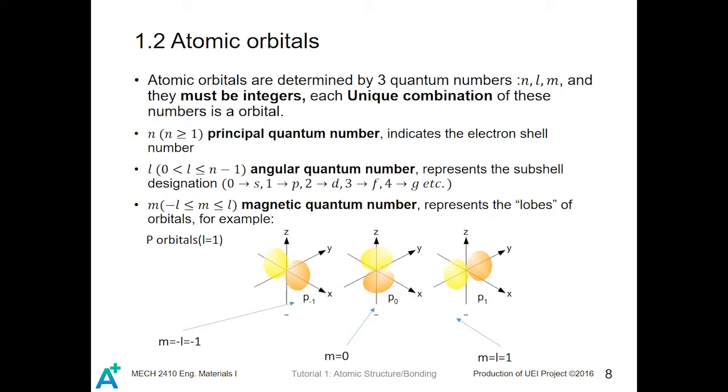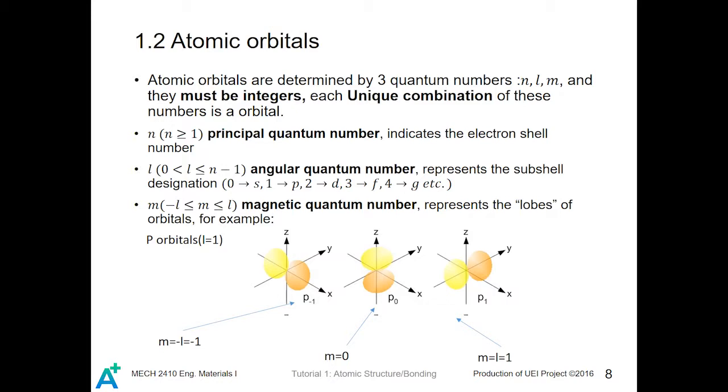the subshell designation. For example, for l equals 0, we call it s orbitals. For l equals 1, we call it p orbitals, and so on. M must be between negative l and positive l, which is the magnetic quantum number, which represents the lobe of the orbitals.